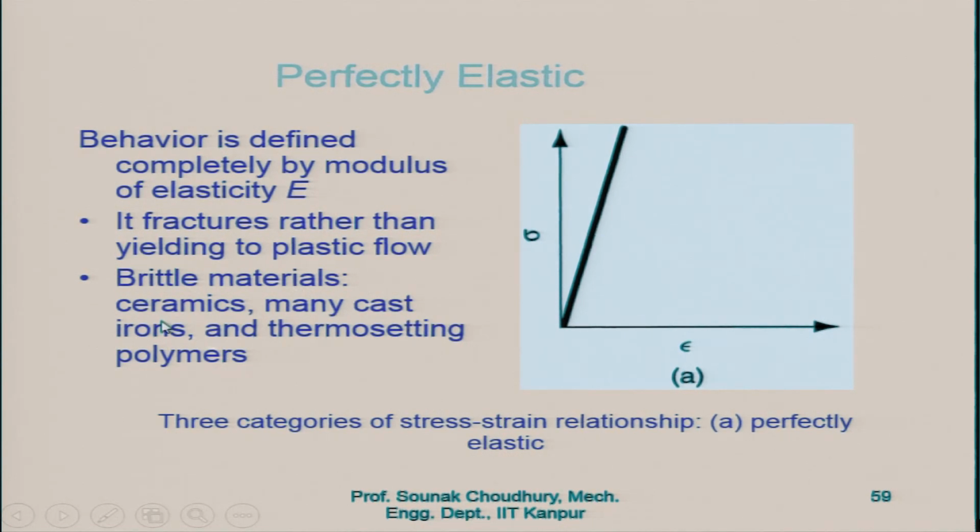Now, brittle materials, ceramics, many cast irons, thermosetting polymers, these are the materials which actually demonstrate this kind of a curve, okay. This is called the perfectly elastic category of the stress strain relationship. So, this is not for the plastic or ductile material, but for materials like ceramics, cast irons, thermosetting polymers and so on.